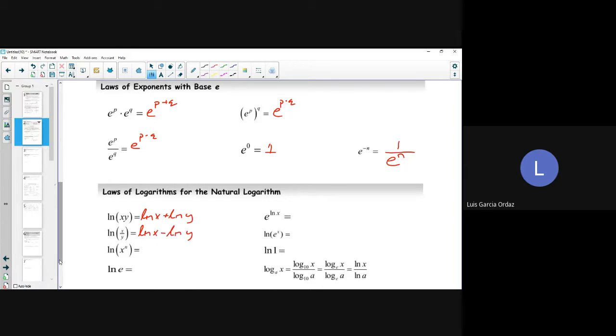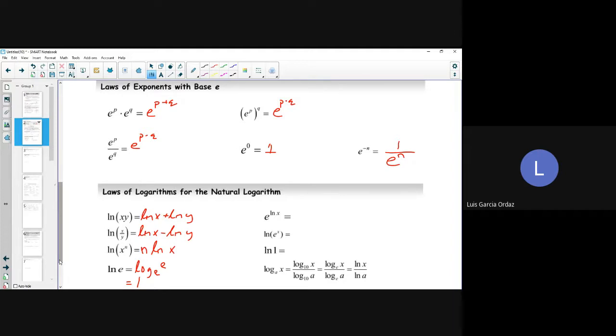For ln of x to the n, you just bring your exponent forward, and you get n times ln of x. ln e is just equal to log base e of e, which is equal to 1. Remember, guys, these are just basic laws for our natural logarithm. So we're going to be using these to help us solve the questions later on in the lesson.